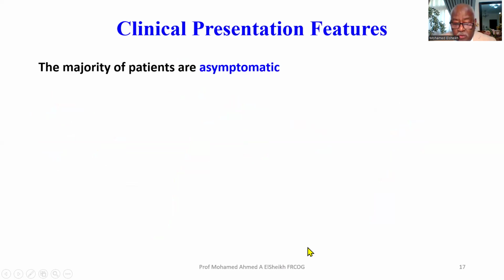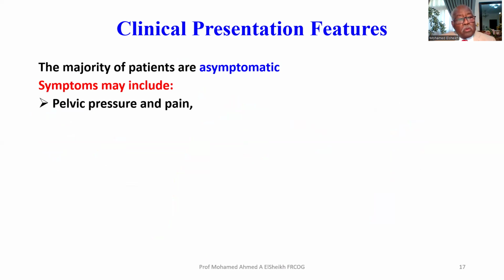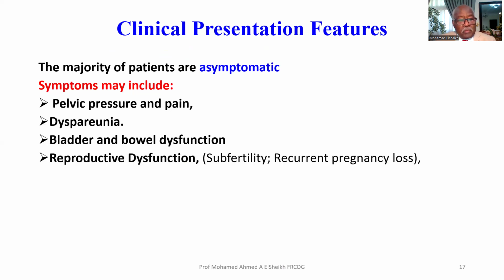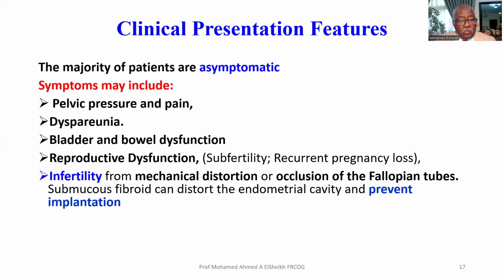So, clinical presentation. The majority are asymptomatic. Symptoms, when they are there, include pelvic pressure and pain, dyspareunia, bladder and bowel dysfunction, reproductive dysfunction, subfertility, recurrent pregnancy loss, infertility from mechanical distortion or occlusion of the fallopian tubes.